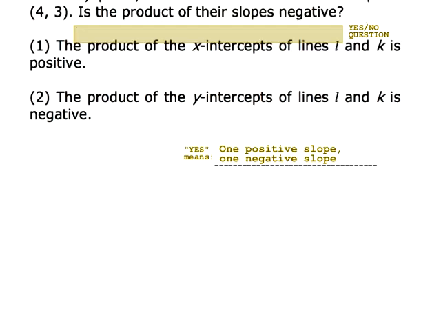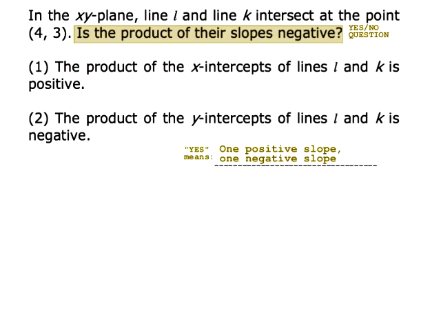What does a no mean? A no would mean that you have a product of 0 or positive. So be careful thinking it has to be positive.